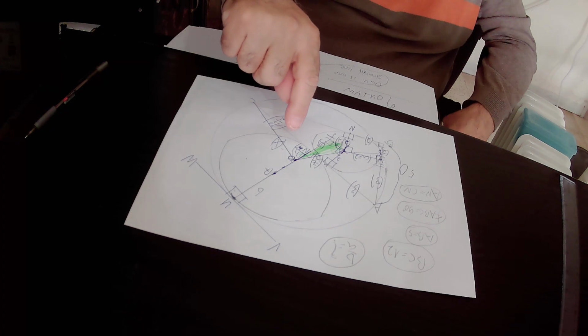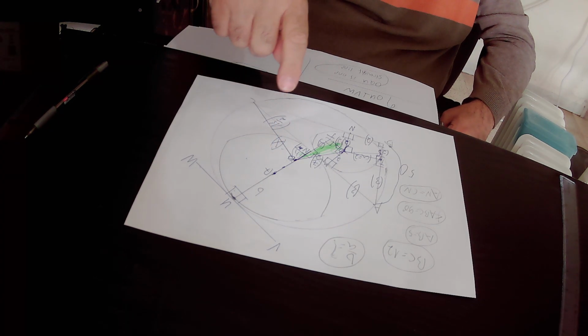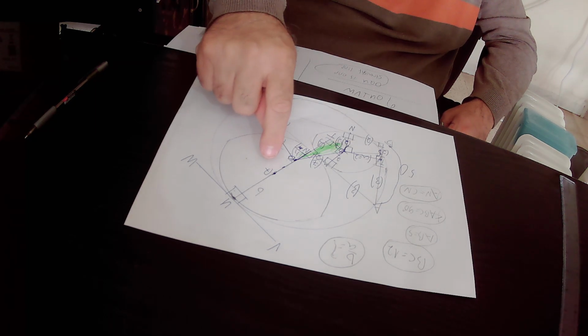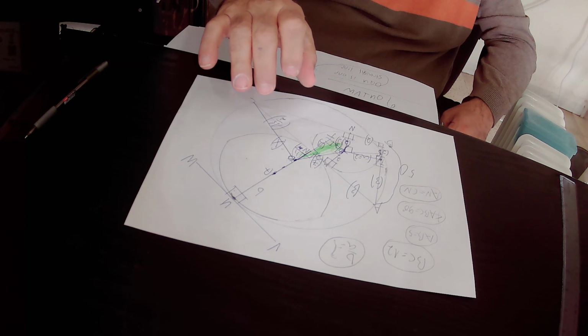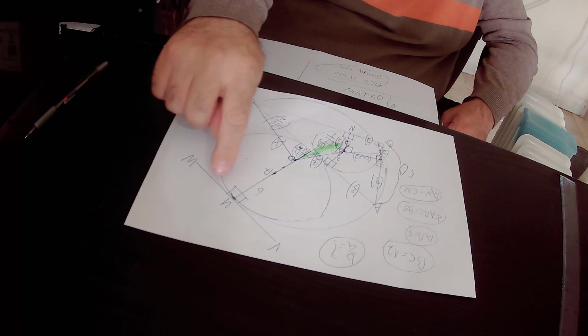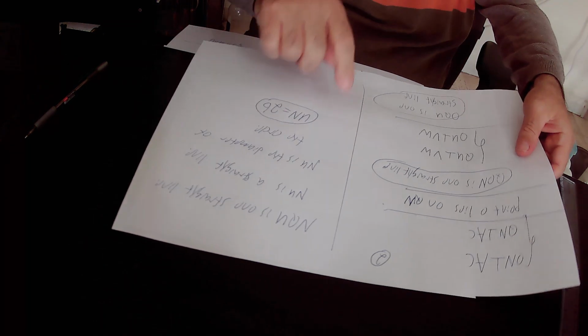So from one side, we just found out that OQU is one straight line. But from the other side, we also found out that OQN is one straight line. And from those two statements, we will derive that in total, NQU is one straight line.